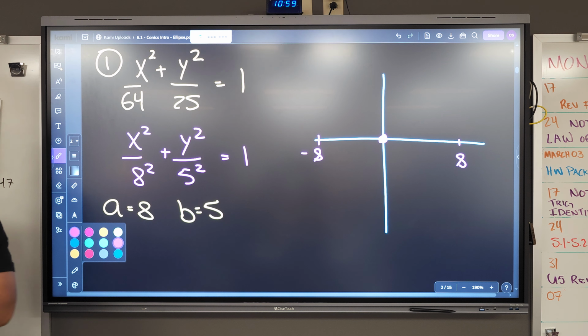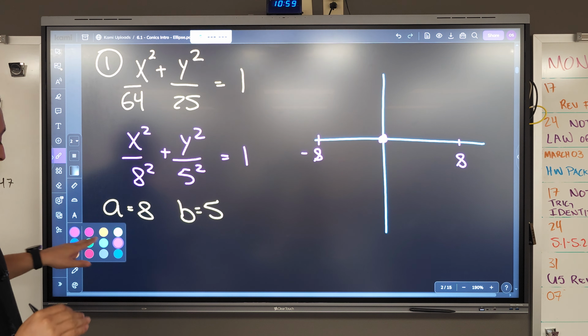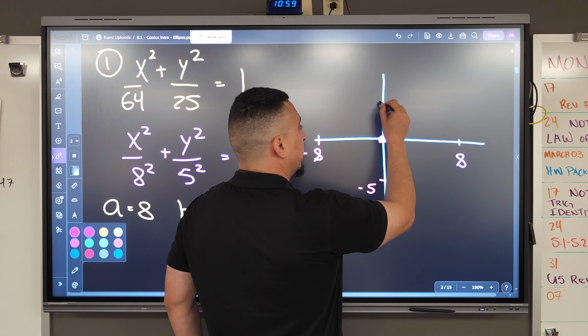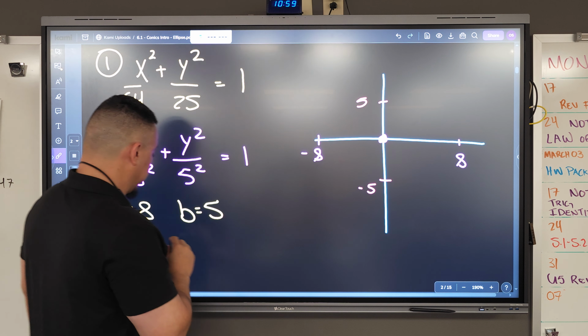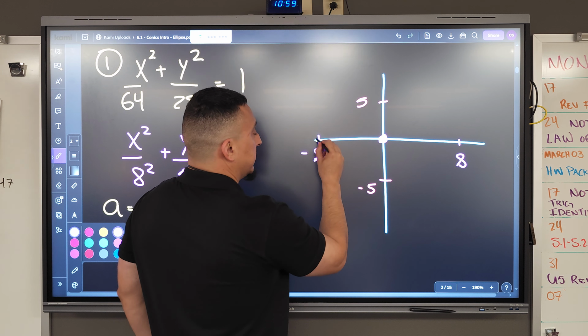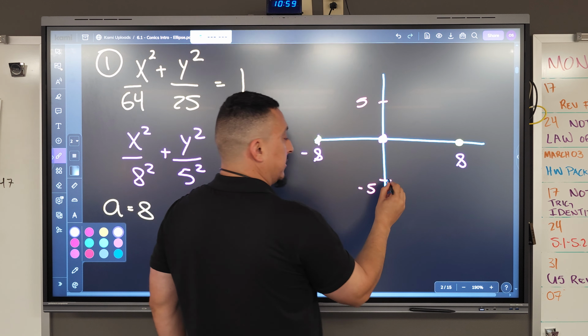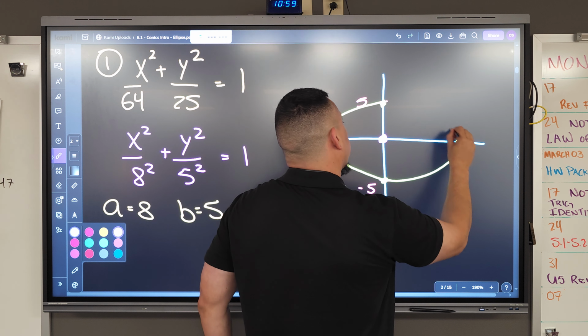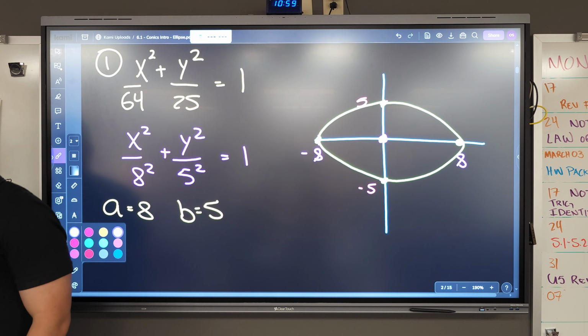This one's super easy because you're counting from the middle, so it's 0, right? So 8 this way. The small radius is 5, so 5 down, 5 up. And so there's your vertex, and here's your co-vertex. And if you connect those, there's your ellipse.